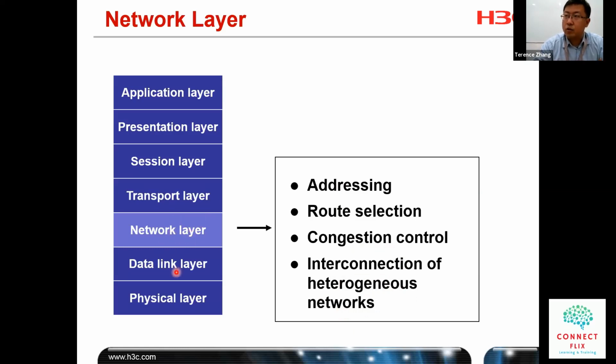But on data link layer, these devices could share one Ethernet network. You can also share one token ring network or FDDI network. So that means on data link layer there is a lot of protocols, very abundant protocols on layer 2, but on layer 3, they can all share one IP network.